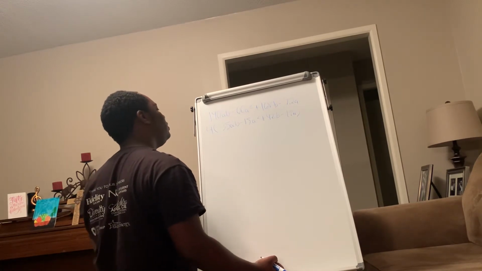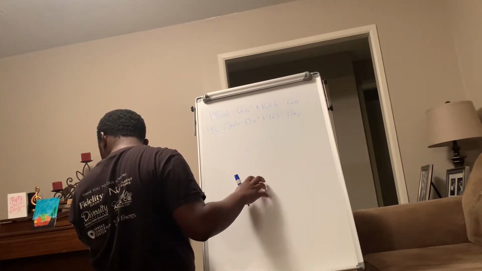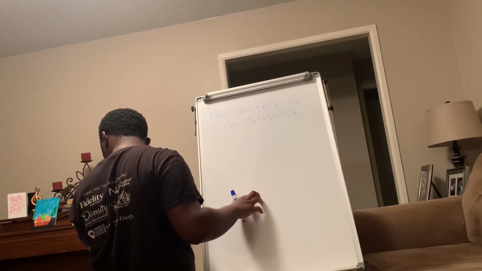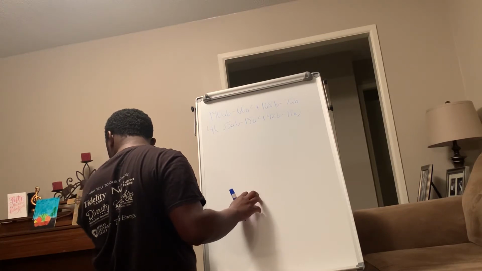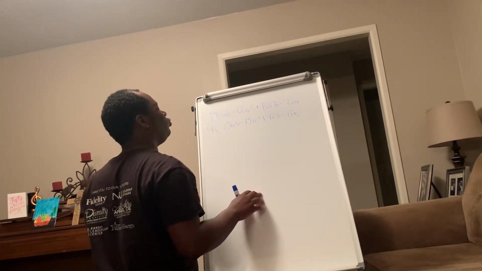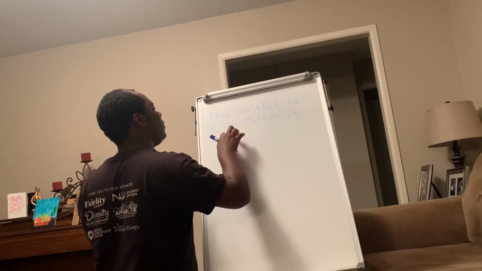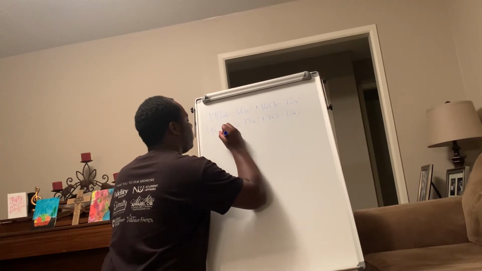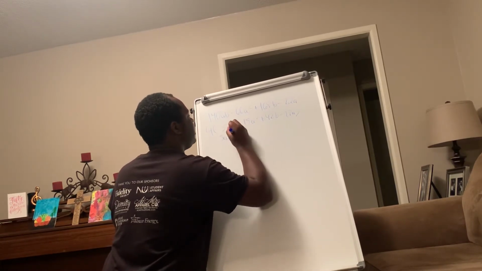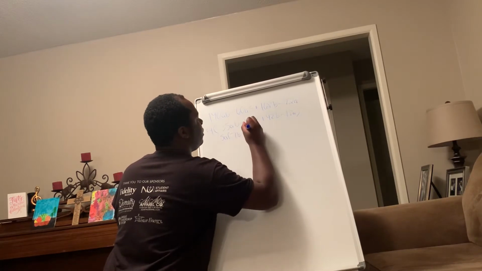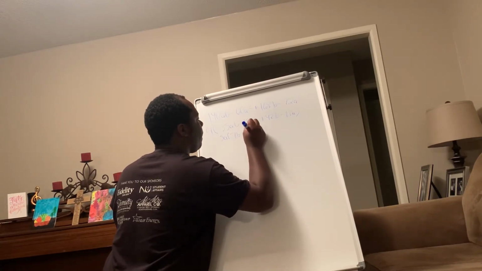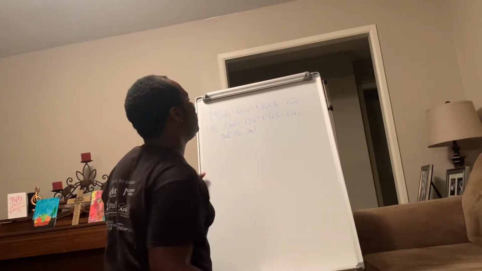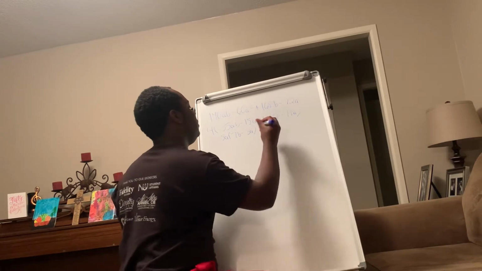Okay, so between these two, I have 5a in common. That leaves me with 7b minus 3a. Between these two, I have positive 6 in common.